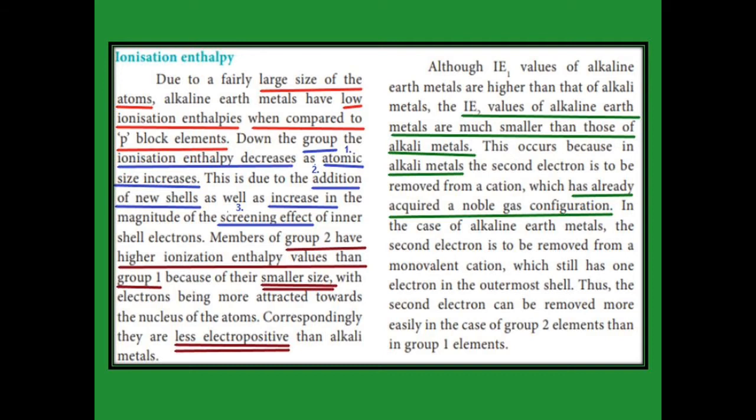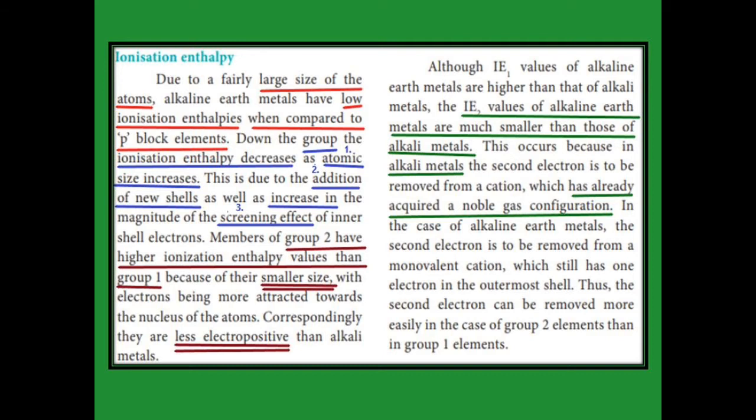That stable electronic configuration is attained after the second electron removal. So the second ionization energy is less when compared to the group 1 elements, that is alkali metals, because the alkali metals attain the noble gas configuration during the first ionization energy.